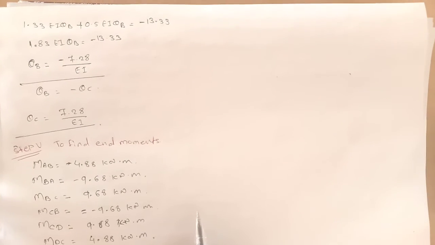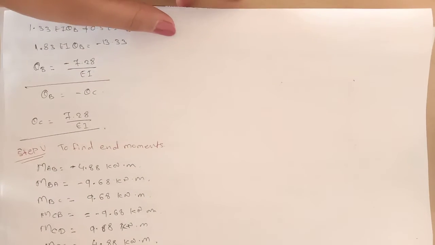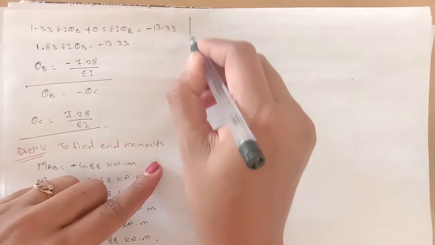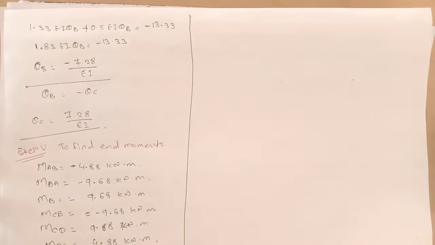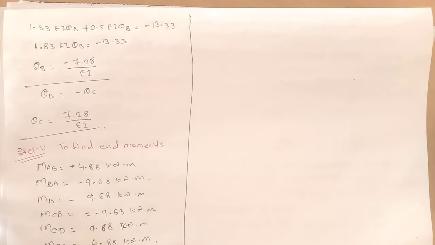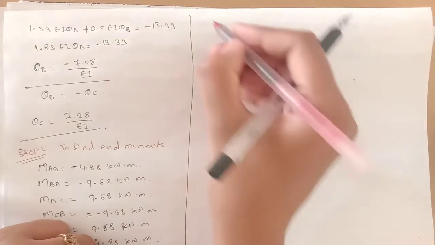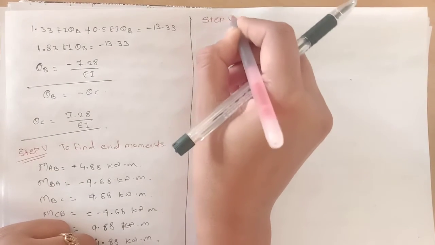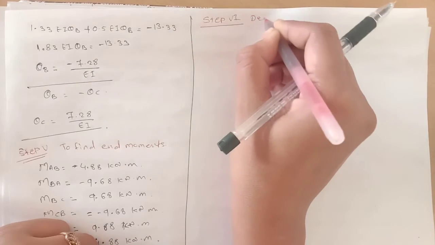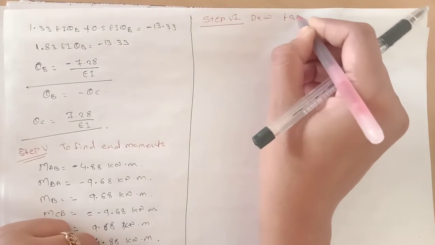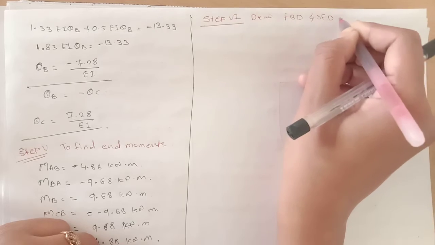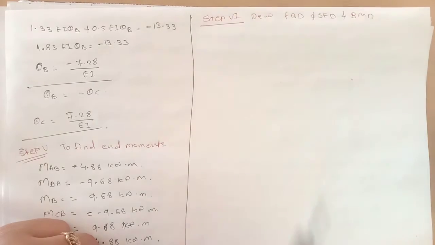Then from these end moments, draw the bending moment diagram. So here step number 6: draw free body diagram, shear force diagram and bending moment diagram.